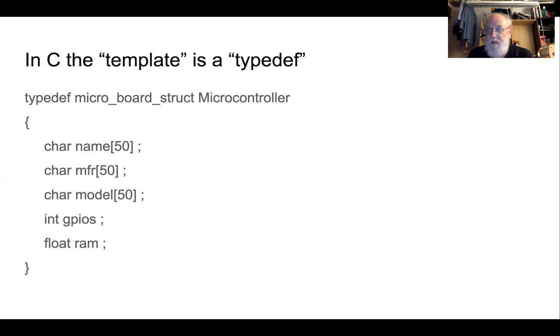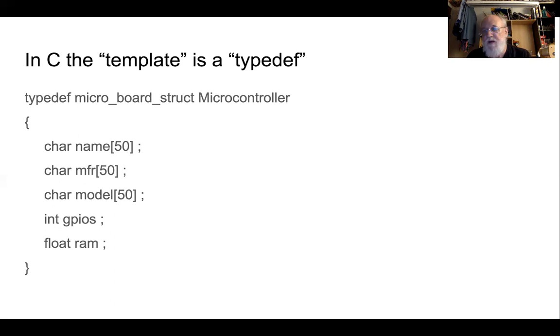Now, the existing types are like ints, floats, chars, char stars, so on, the ones that are built into C. Here, when you use a typedef, you define your own type, which you can then use in your code just as you would use an int. But in this case, instead of having a single value, a scalar value, your struct has all of these members. And every time you refer to it, you get all of this stuff.